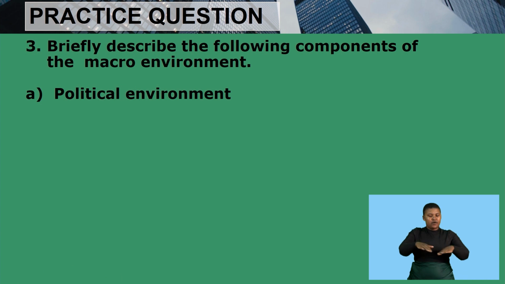Question 3 then asks, briefly describe the following components of the macro environment. So describe means you have to answer in full sentences and give a description of each of the components. Now the first component is our political environment. Now remember, political environment refers to the government and the decisions made by government, but it includes the institutional environment.